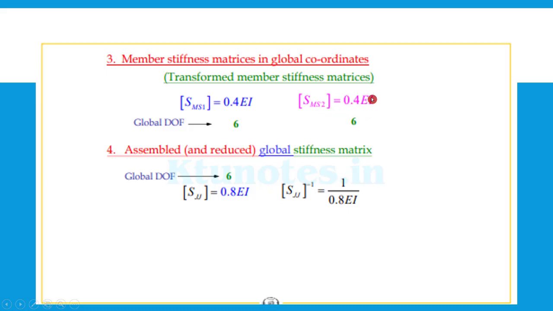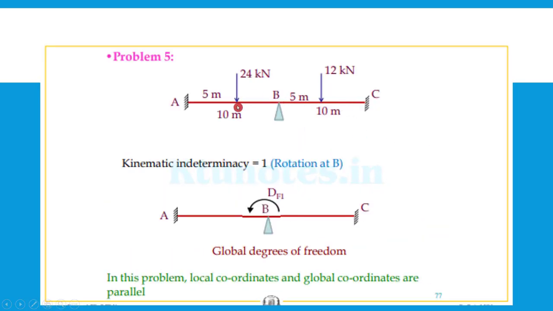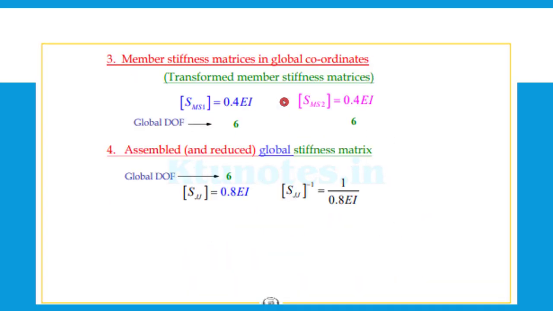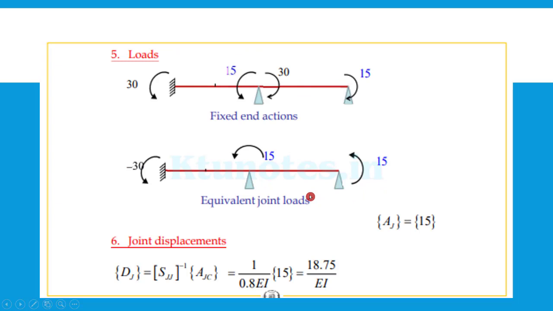Then the next phase is the assembled and reduced global stiffness matrix. We have to club the values SM1 plus SM2, as both the rotations for member 1 and member 2 are combined in the rotation for B. So just adding 0.4 plus 0.4, 0.8 EI. S_JJ inverse is equal to 1 by 0.8 EI, and hence the fixed actions can be computed directly, and the equivalent joint loads are written.